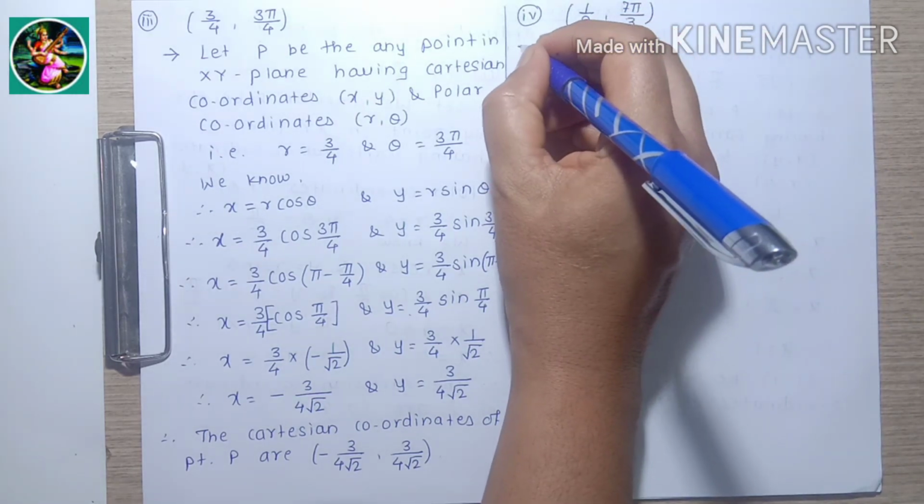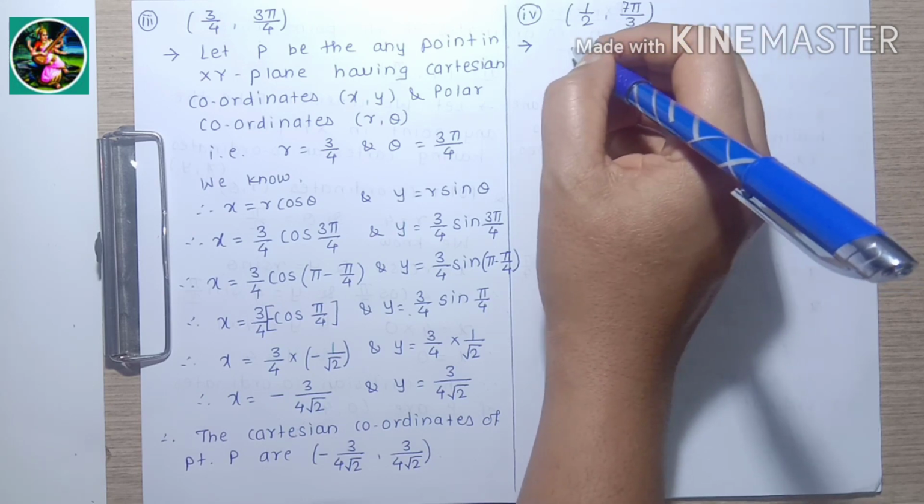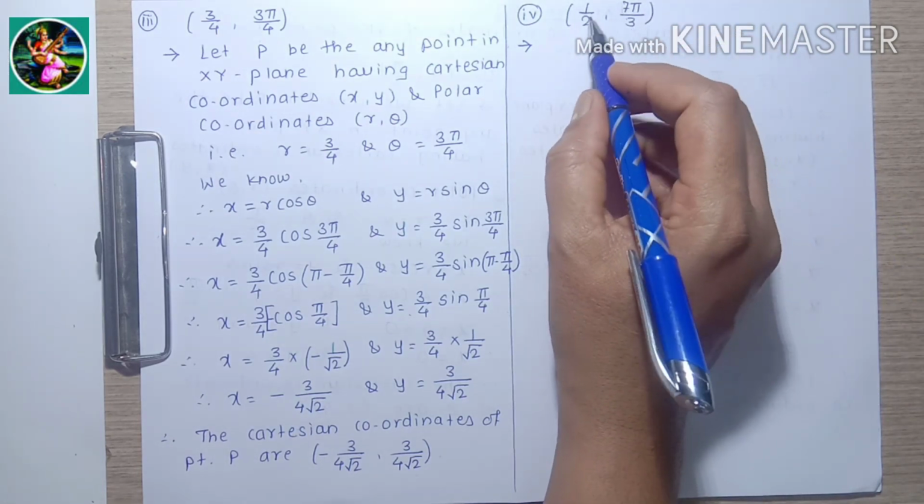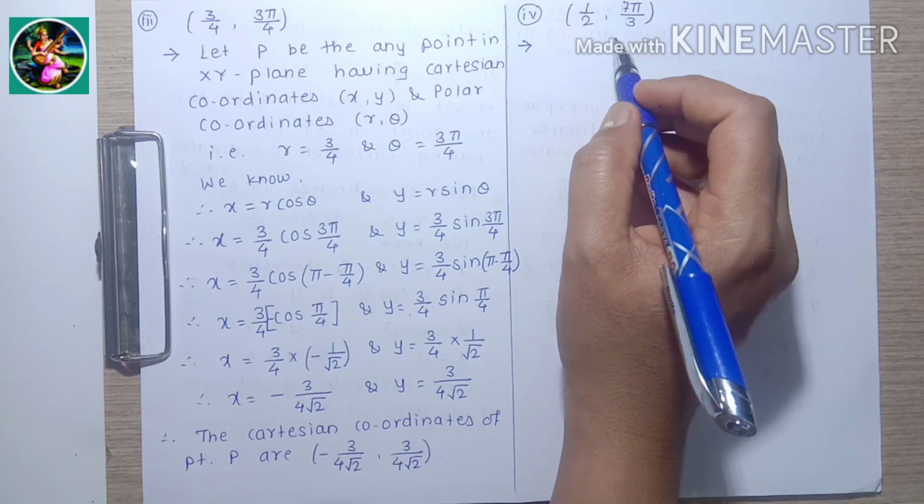Here also the polar coordinates are given and we have to find out the Cartesian coordinate, that is (1/2, 7 pi by 4).